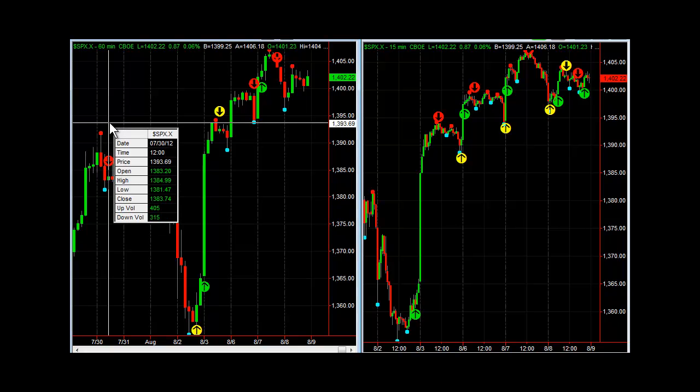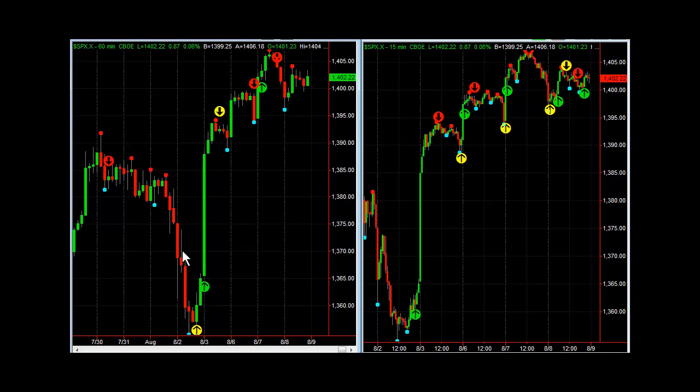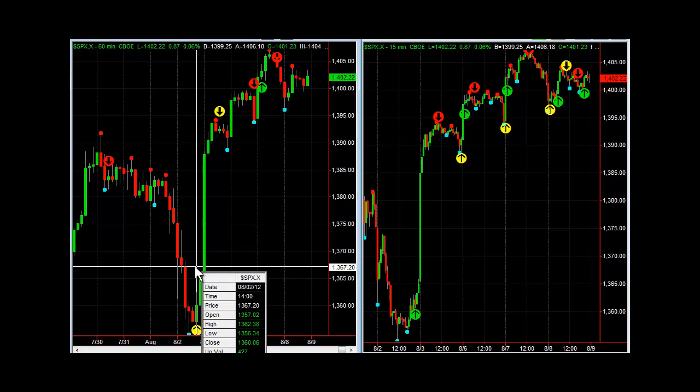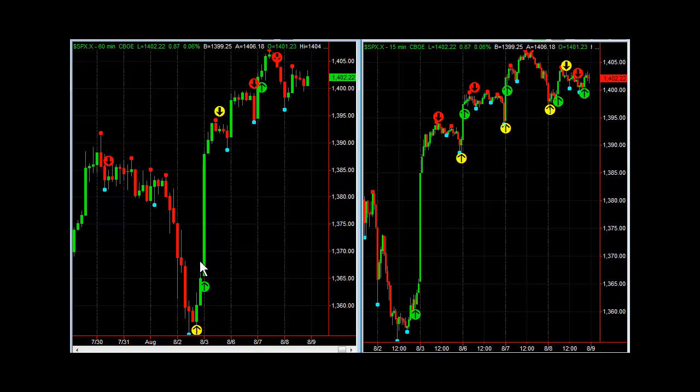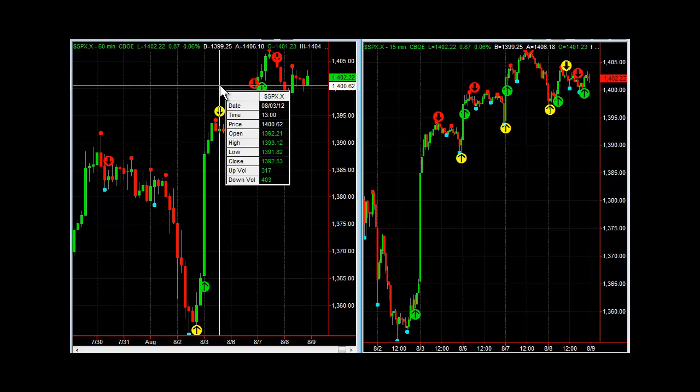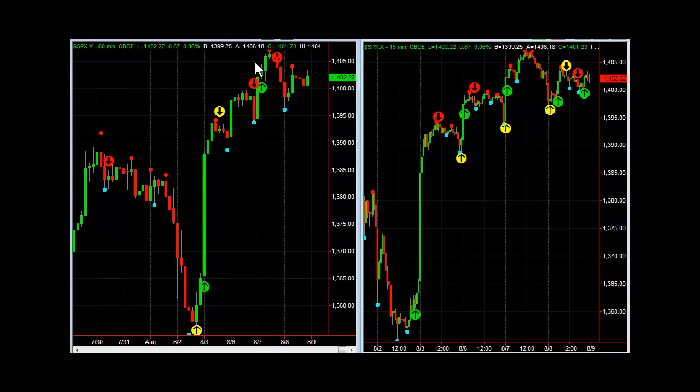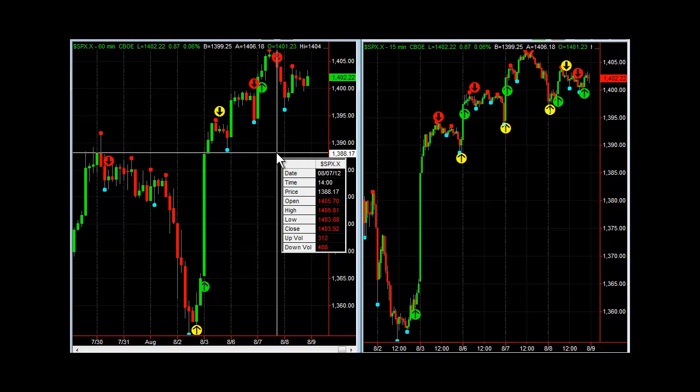Well, that was on July the 30th, went sideways and then had a nice move down, went neutral here on the 2nd of August, then went long right here on the 3rd of August, went neutral there on the 3rd of August, and then went short on the 6th of August, came down and went from short to long, so it got stopped out here, went long, and then went short again. It's currently holding short on the 7th of August.